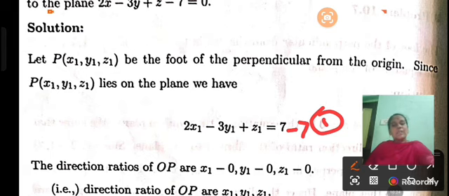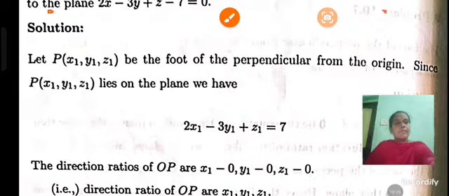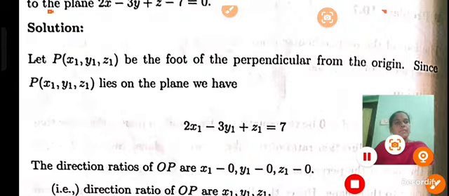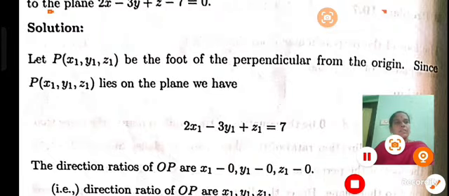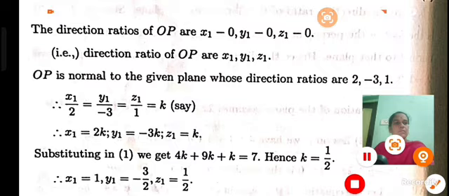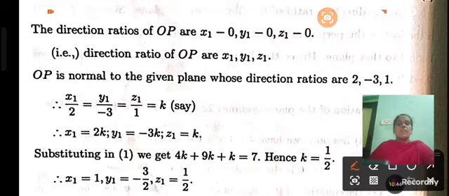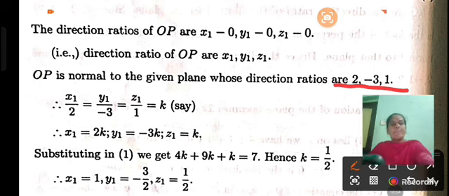So the direction ratio of the line OP is x1 equal to 2, y1 equal to minus 3, z1 equal to 1.